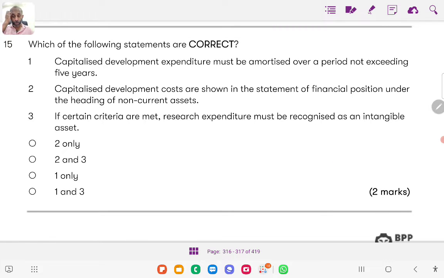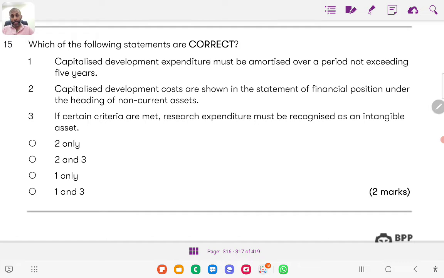Let's read the second option. Capitalized development costs are shown in the statement of financial position under the heading of non-current assets. Obviously, it's correct. All capitalized development costs satisfy the condition of a non-current asset, so they should be disclosed under the non-current assets caption.